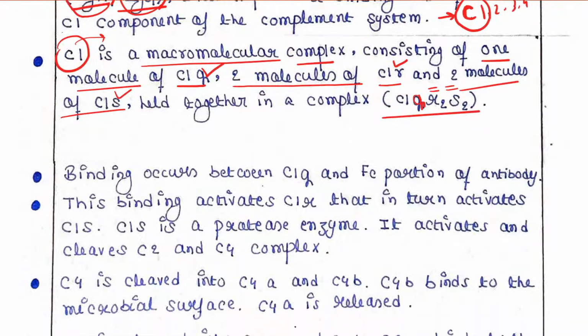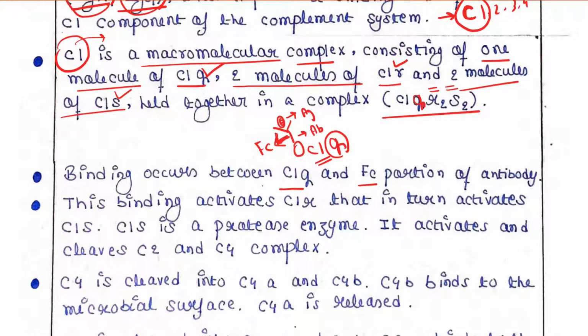Now, binding occurs between C1q and the Fc portion of the antibody. So, if this is the antigen and this is the antibody and this is the Fc part of the antibody, we know that the binding between the Fc portion of the antibody and the C1 molecule is now done. But the C1 molecule is a multi-protein complex and the Q subunit of C1 actually binds the Fc portion of the antibody.